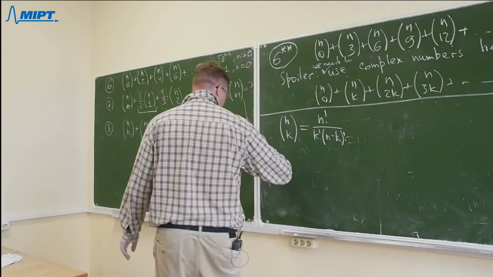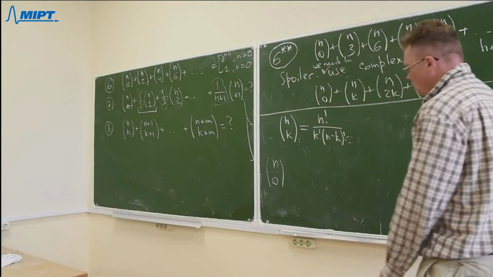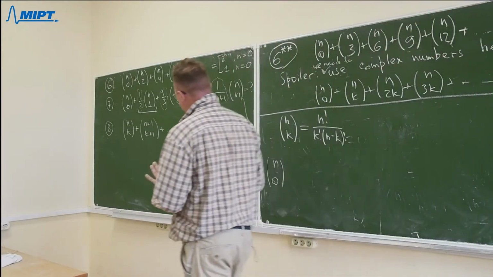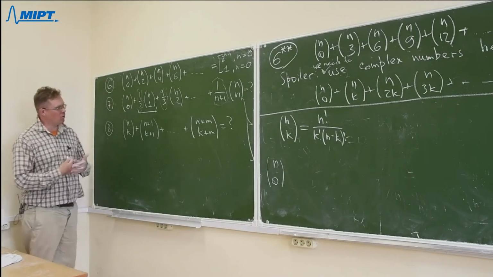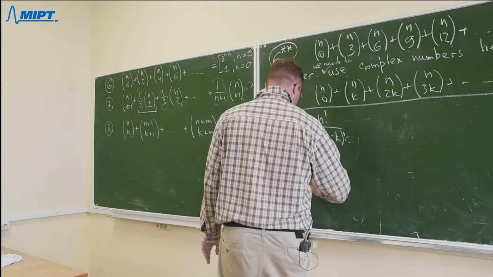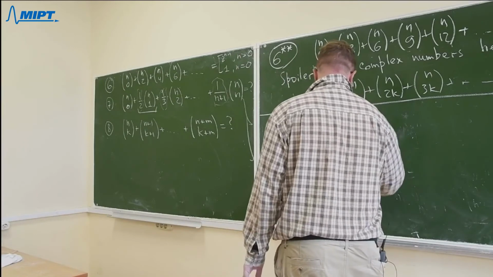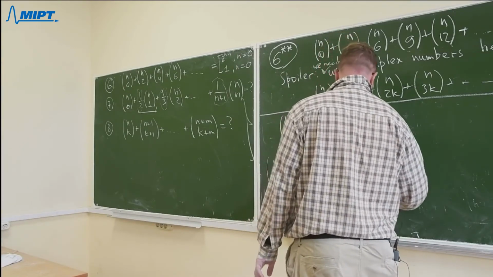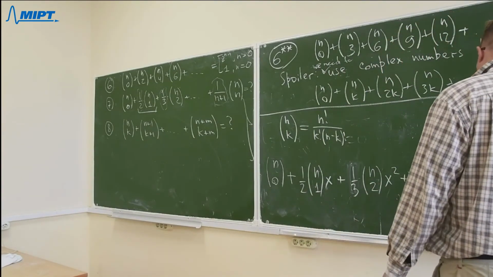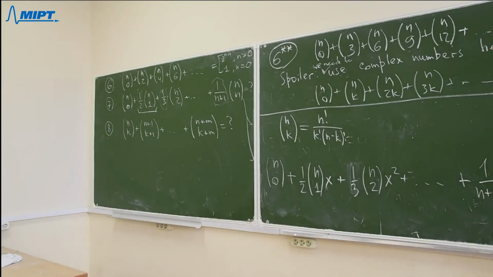is to try to look at something similar to the binomial formula. Try to look at this as this function.